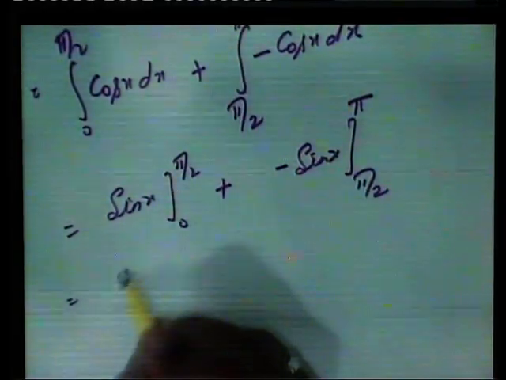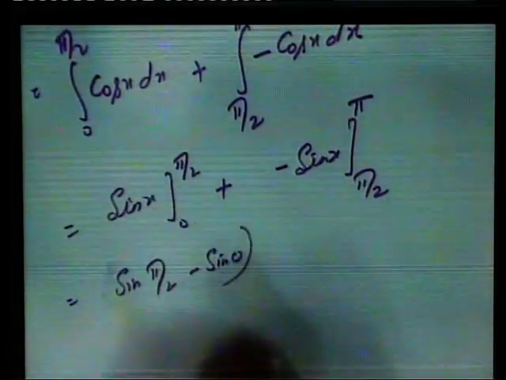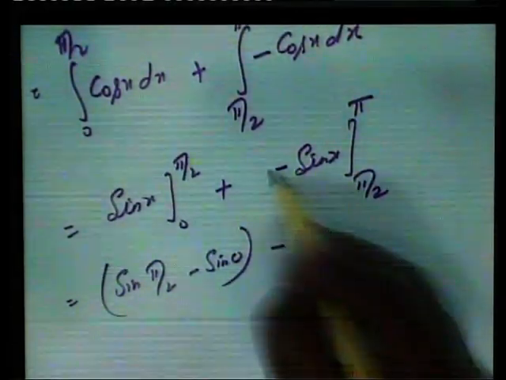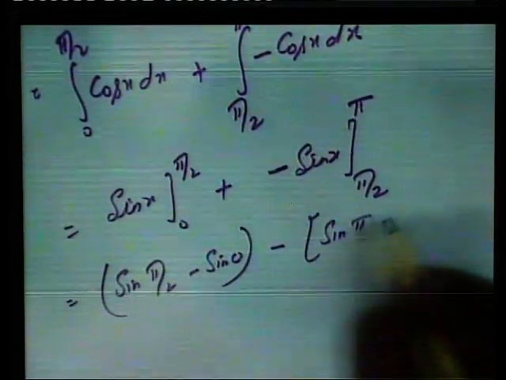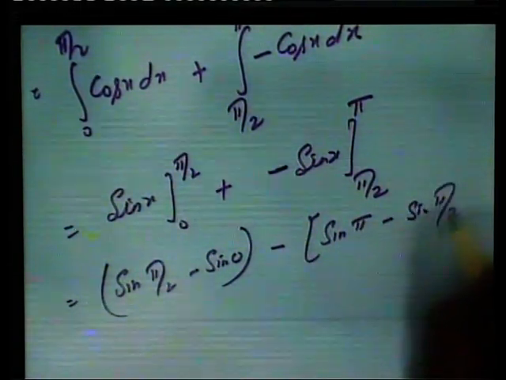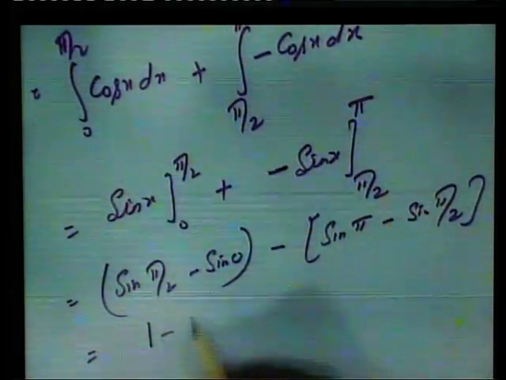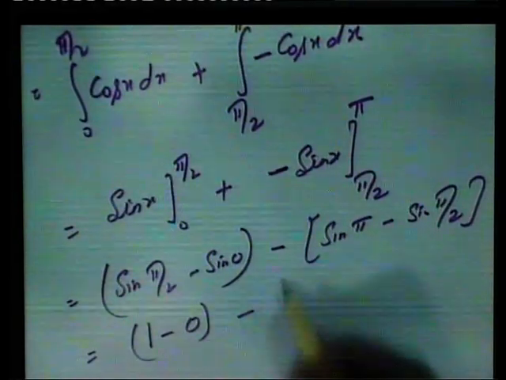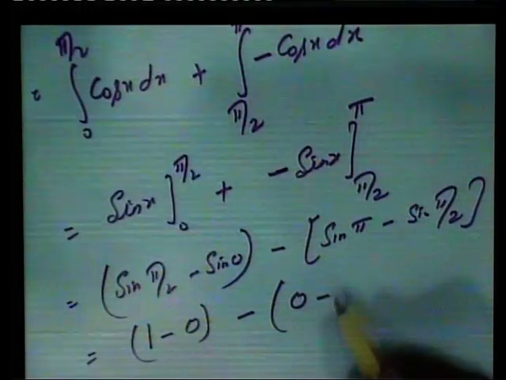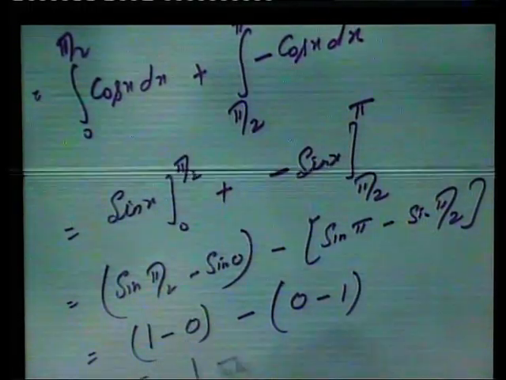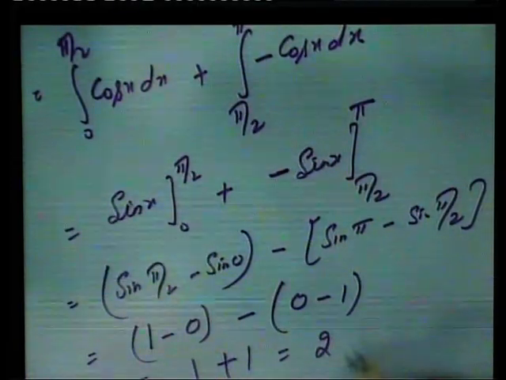Ab limits put karenge, sin pi/2 minus sin 0 plus minus minus sin pi minus sin pi/2. Sin pi/2 is 1, sin 0 is 0, minus sin pi is 0, sin pi/2 is 1, 1 minus minus plus 1 that is equal to 2.